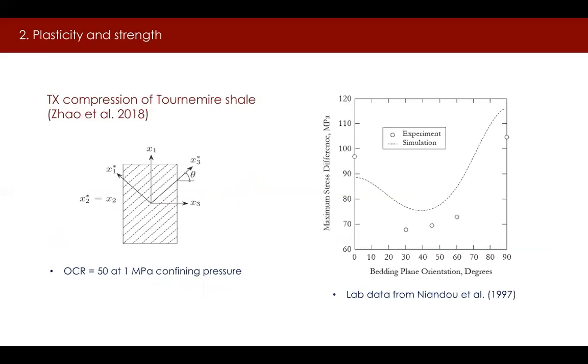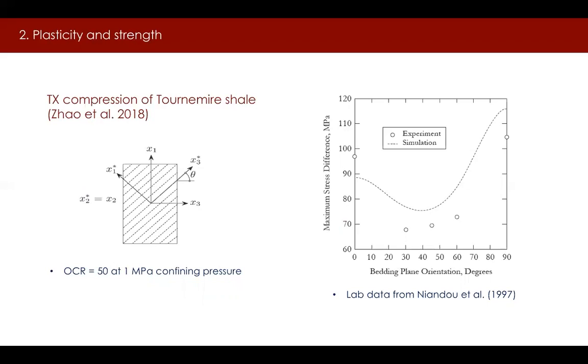We use the aforementioned constitutive framework to simulate the strength anisotropy of a triaxial sample of normally consolidated Tournemire shale. Experimental data for the tests have been provided by Niandou et al., as shown on this slide. Observe a higher strength in the bed parallel direction than in the bed normal direction.